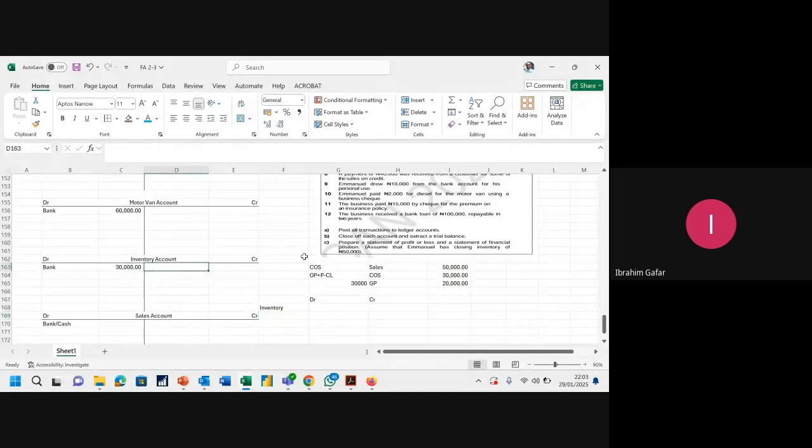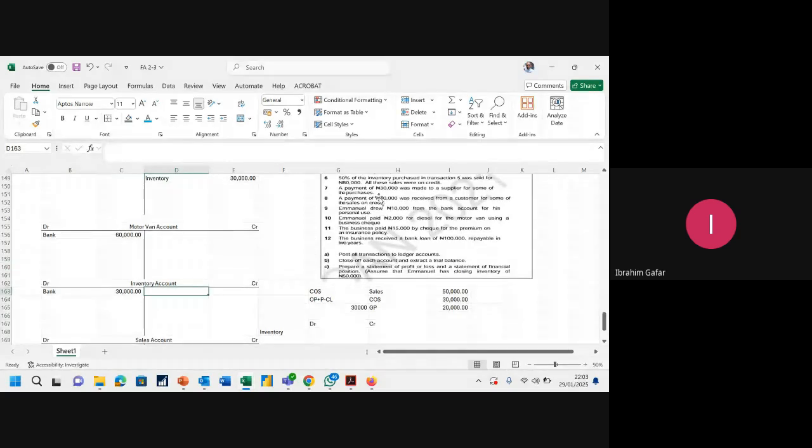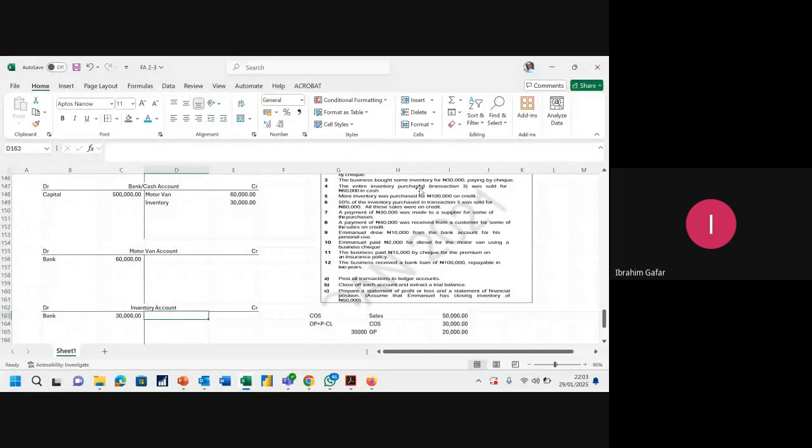Now, the inventory purchased in transaction 3, which is this one that we've put here, was sold for 50,000 naira. In this place, you now put it here: cost of sales, 30,000 naira. This cost of sales account will be 30,000 naira. It will not be 50,000 naira.